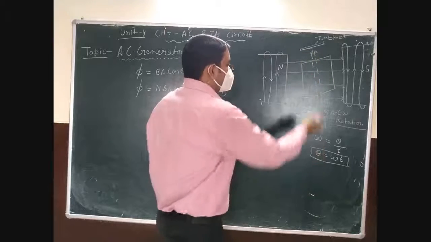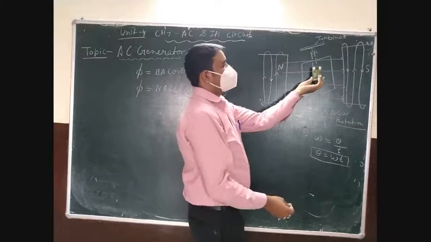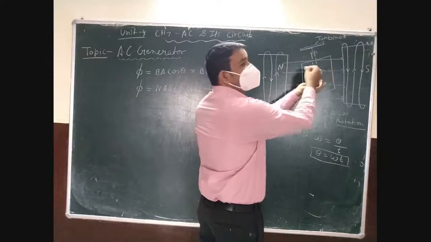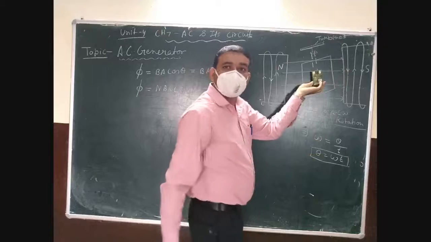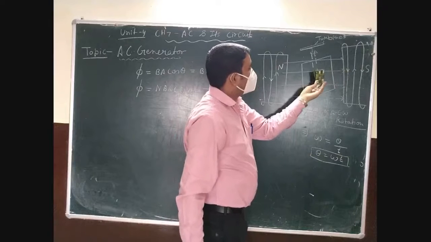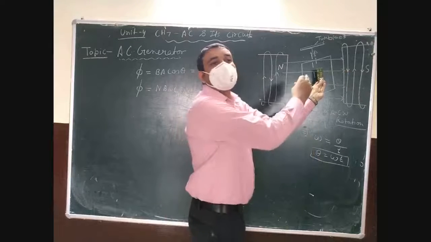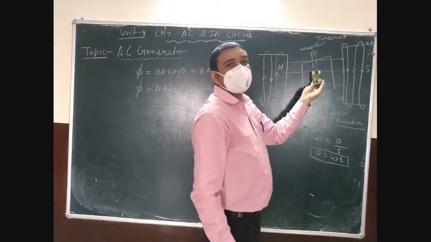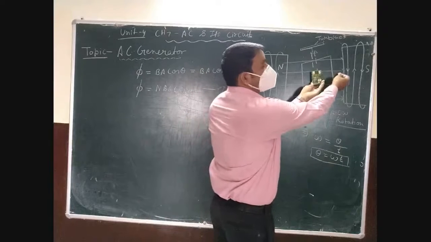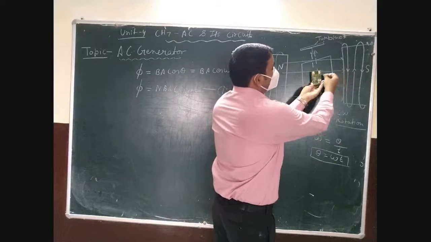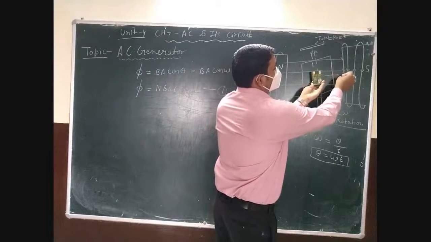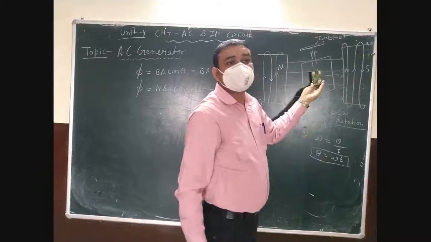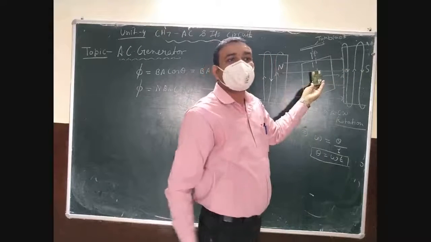Understood? Now, as you know, as the coil rotates, the flux changes with time. In the simple situation, when it is placed in this way, the magnetic field lines are parallel to the coil, and when it is in such a way, the magnetic field is perpendicular to the coil. When it is parallel to the coil, the area vector A and the magnetic field B, the angle is 0, we get the maximum flux.